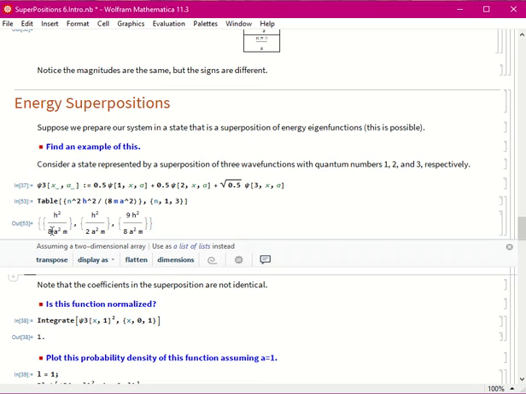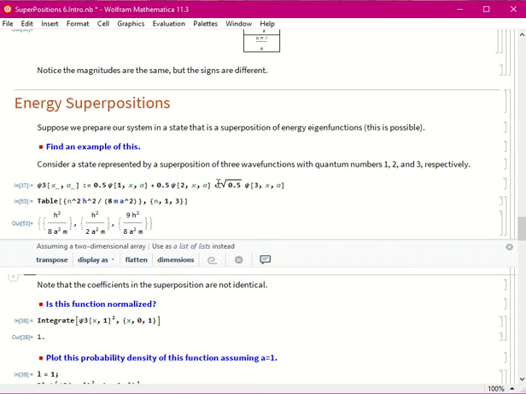After simplification, we get h squared over 8ma squared, then 4 h squared over 8ma squared, which reduces to h squared over 2ma squared, and 9h squared over 8ma squared. So these are the three different energy values we would get if we went through the process and measured it.